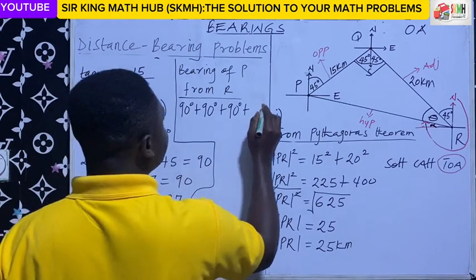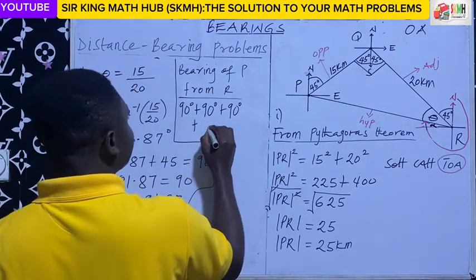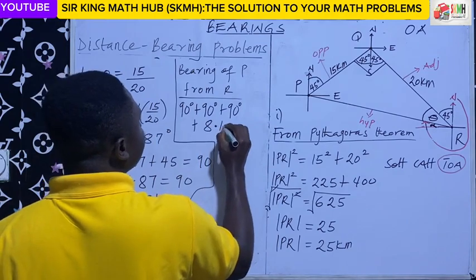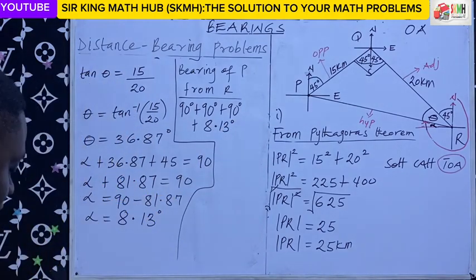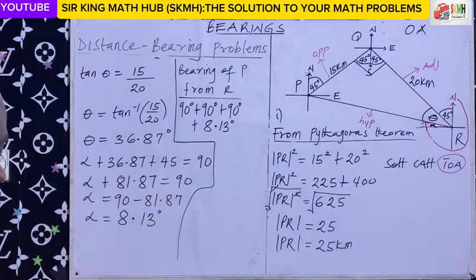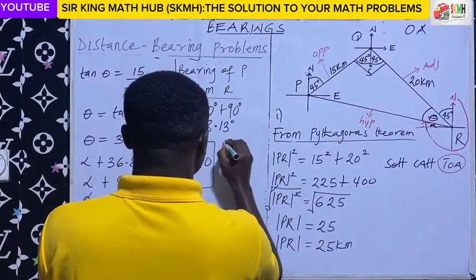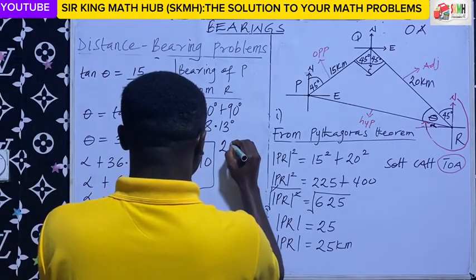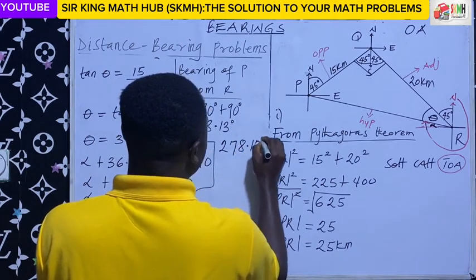So alpha is 8.13 degrees. So we have 90 plus 90 plus 90 plus 8.13. And that is giving me 278.13 degrees.